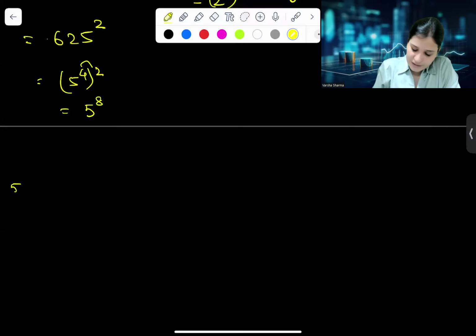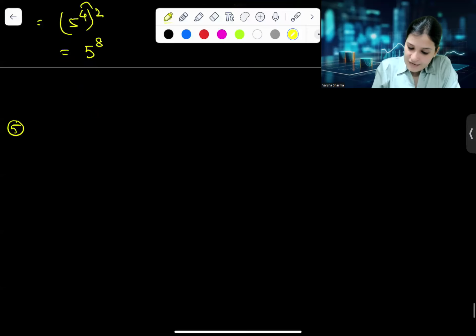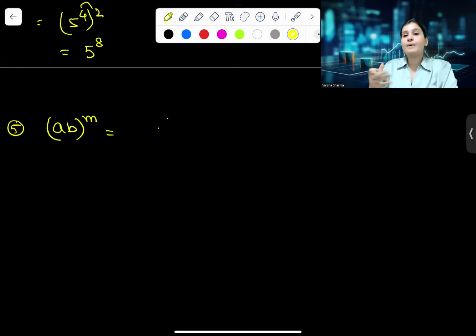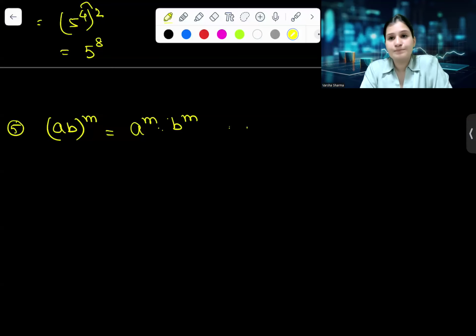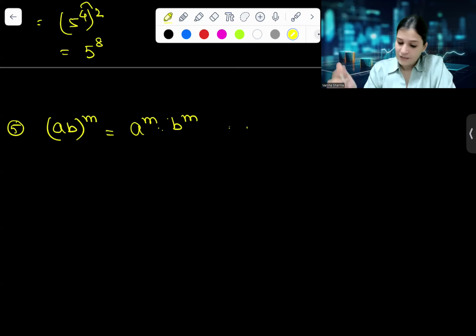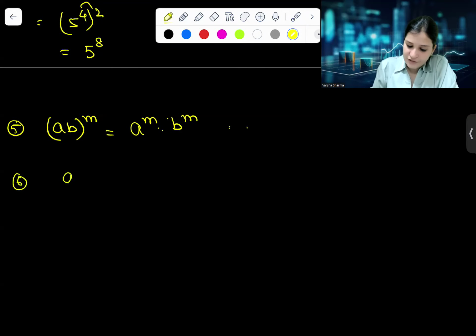Now, the fifth property. If I have A into B whole power M, I can open the bracket and give this power to both of them. So it will become A to the power M multiplied by B power M. The same thing can also happen in division.